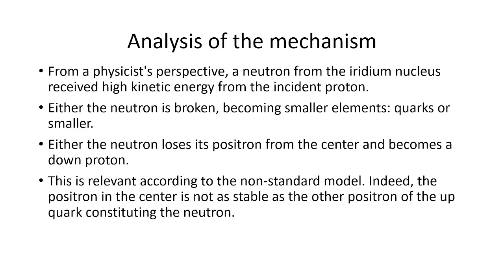Either the neutron is broken, becoming smaller elements, quarks or smaller. Either the neutron loses its position from the center and becomes a down proton. This is relevant according to the non-standard model. Indeed, the position in the center is not as stable as the other position of the up quark constituting the neutron.